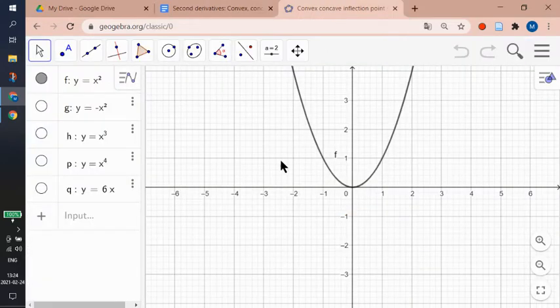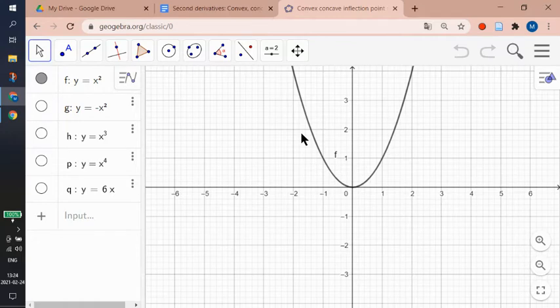Here we have this graph, y equals x squared, or f of x equals x squared. It's a familiar shape, and we see that it's convex. That is, the curve lies above the tangent at every point.